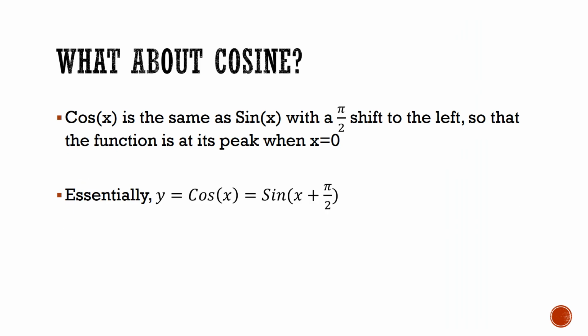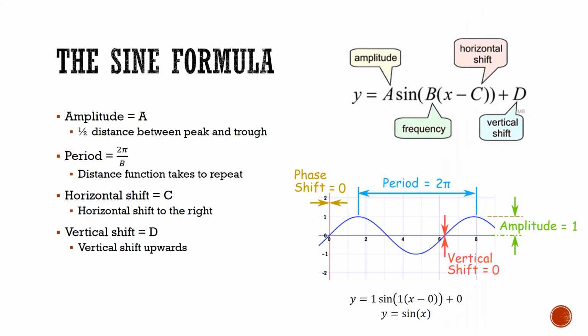So cos x equals sine x plus pi over 2. Okay, but I'm not going to be asking you to compare between them until we get to derivatives anyway. But point being, these four do the same thing for cos as they do for sine.